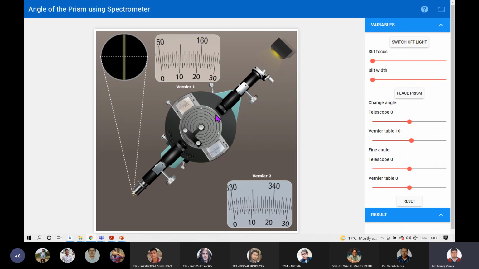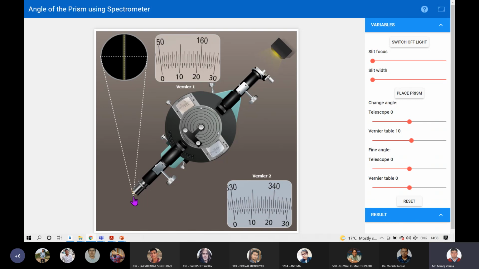They travel above this prism table, and because the table is blank with no prism, they travel directly to the convex lens of this telescope. Again, this telescope will converge them and focus them on the eyepiece.